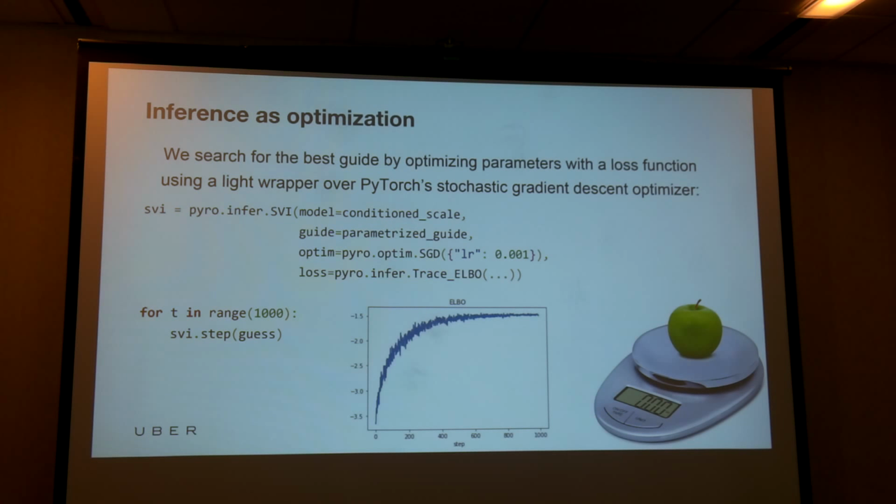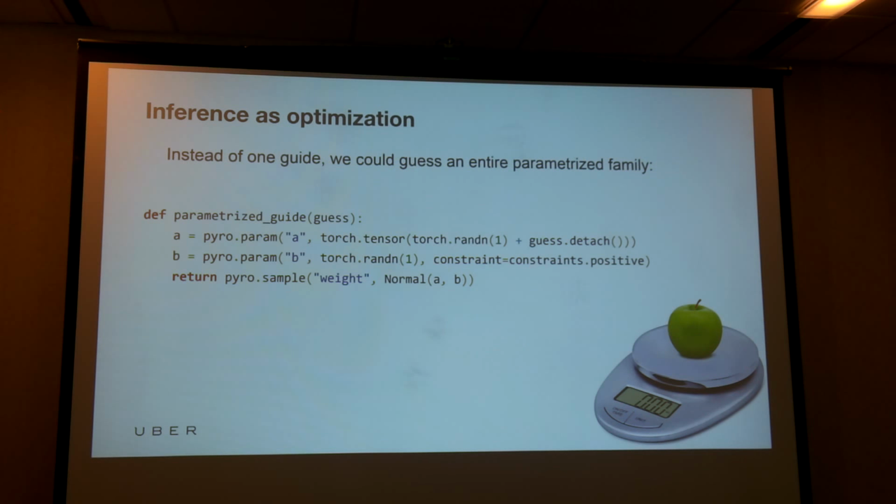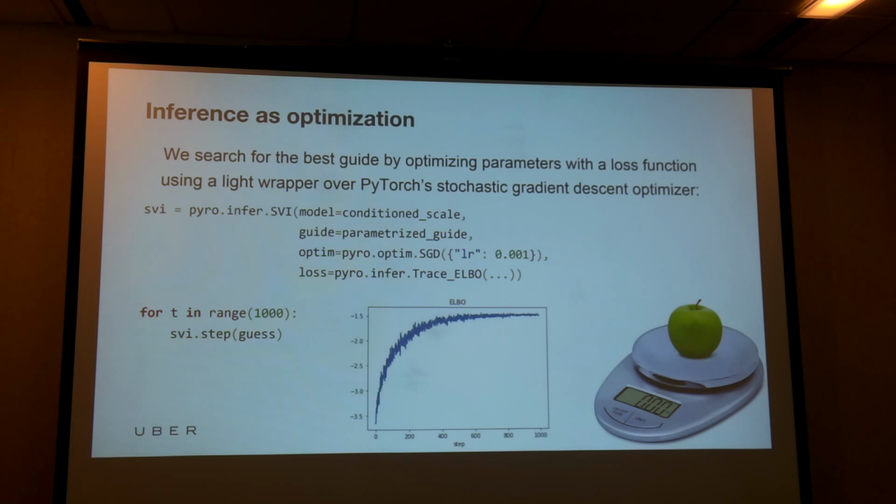We pass it, as we did before with the importance sampling object, a model, in this case our scale model, with some sites constrained. We pass it the parameterized guide that we wrote, this guy, and an optimizer, and a loss function, which again I'll talk about in more detail in the next tutorial.